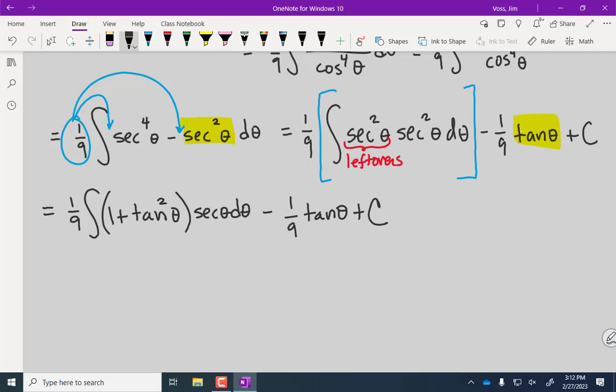That should be secant squared. All of a sudden I was like, wait a minute, the derivative of tangent's not working. So all we did was convert these leftovers to 1 plus tan squared. Now we let u be tangent.